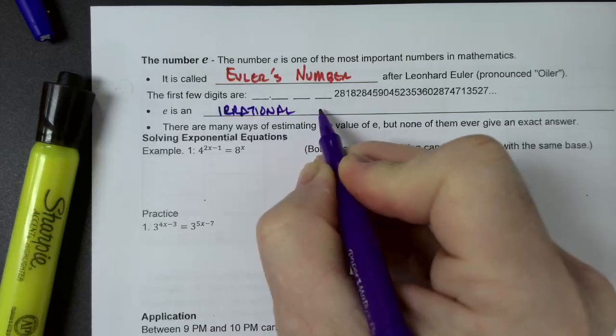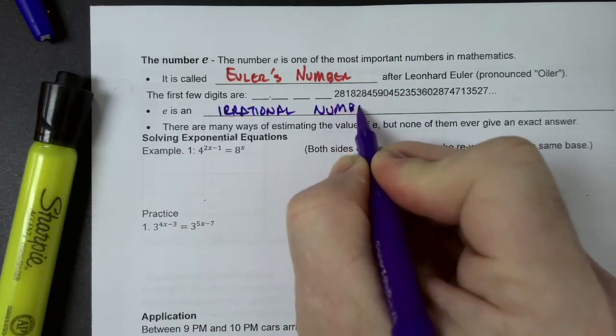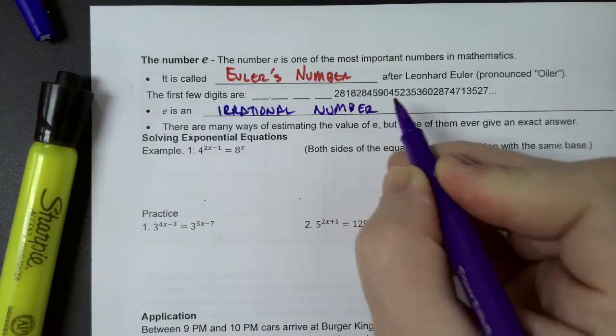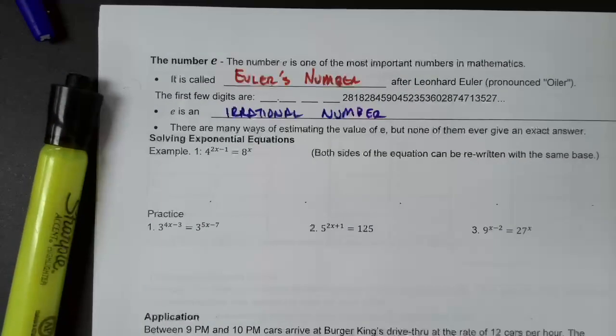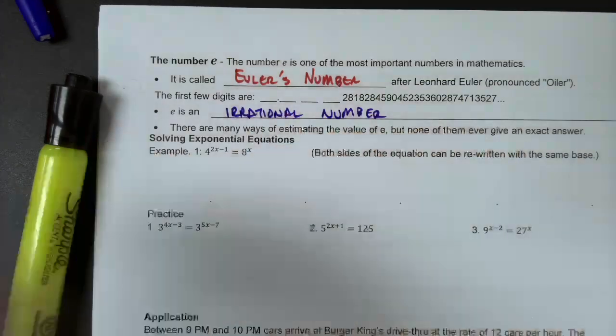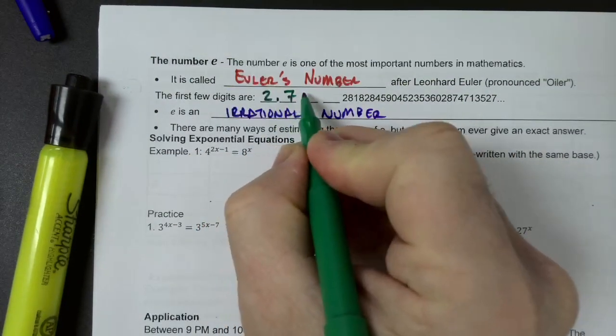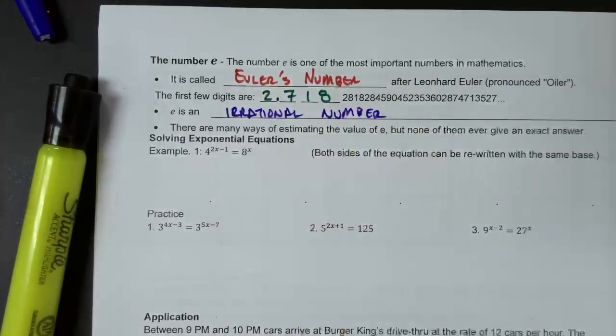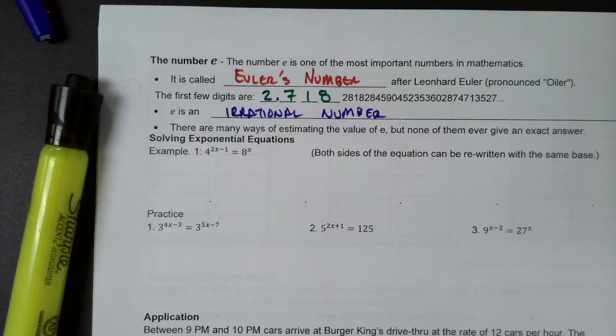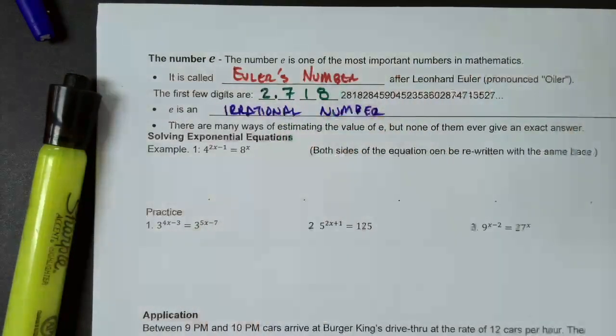Remember, with irrational numbers, that they cannot be written as a fraction or a decimal that terminates or has a repeating pattern in it. This starts out with the value of 2.718. And why do I have you write that down? Because usually, if you recall from Algebra 2, that's all of the digits that we usually use when we're trying to memorize it or use it in our calculations.